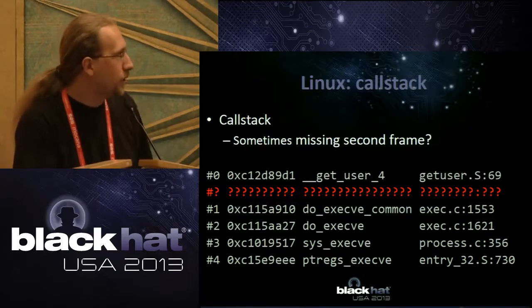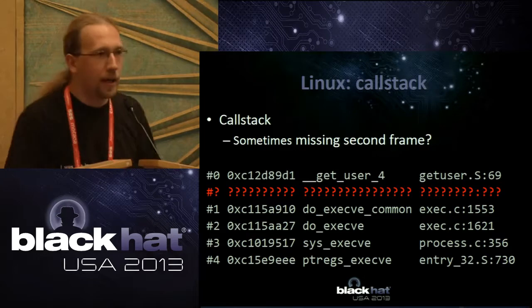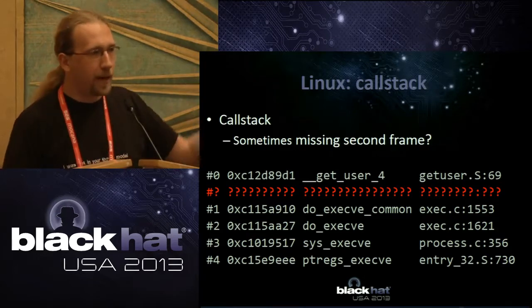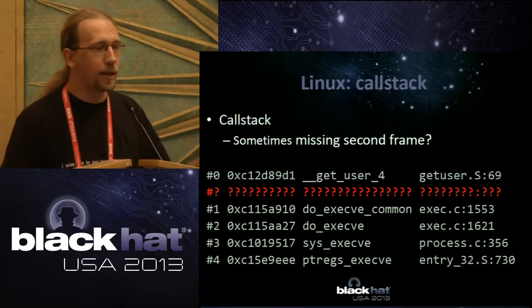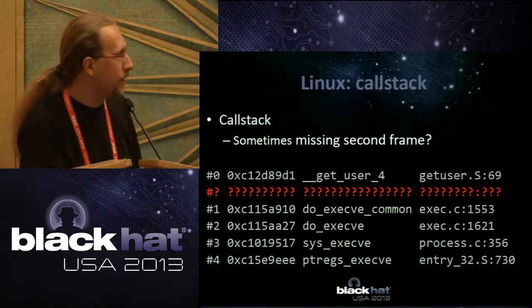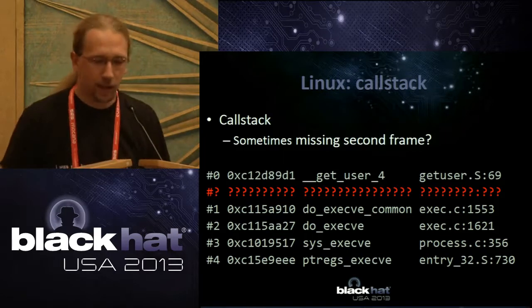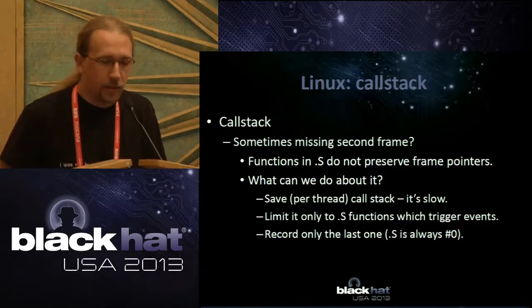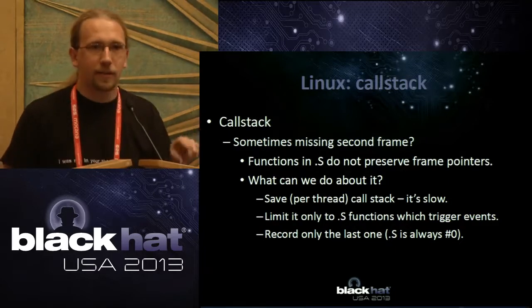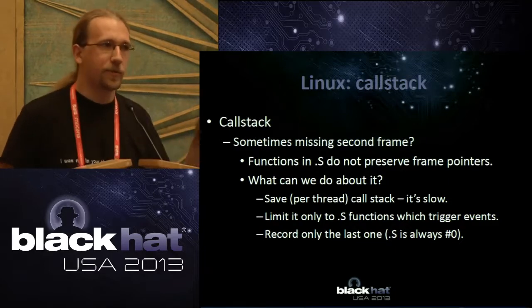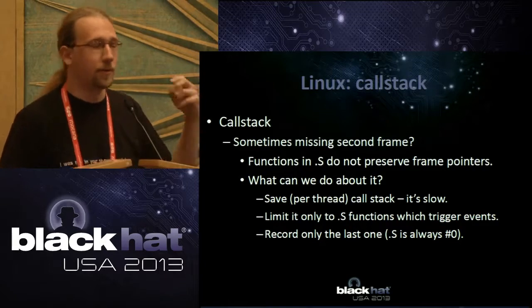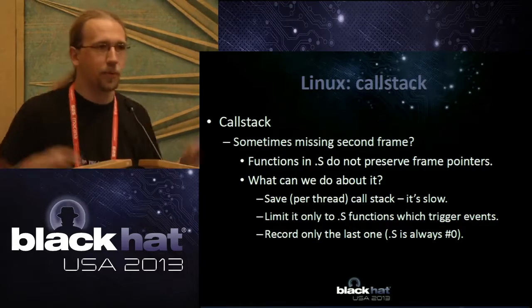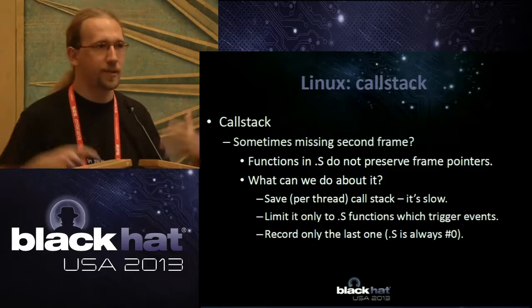function, you couldn't find a call to get_user. There was one more function actually called, and that nested function had the call finally to get_user. What happened? The functions that are implemented on Linux in assembly don't preserve the frame pointer on the stack. That means when we walk through the frames, we just skip one.